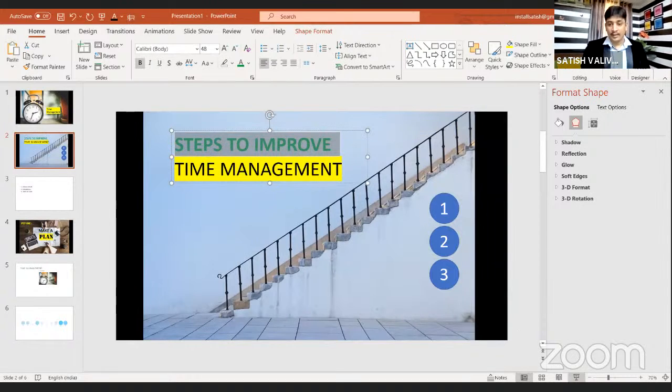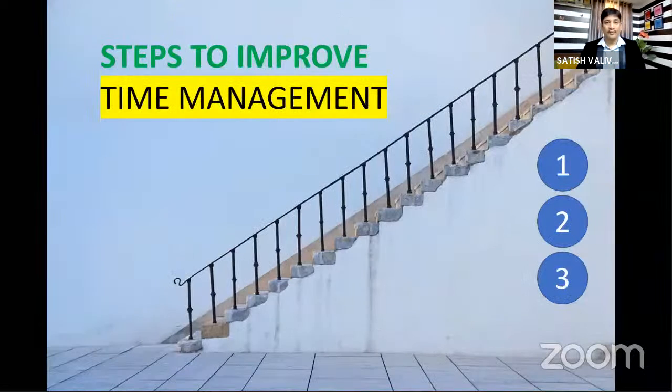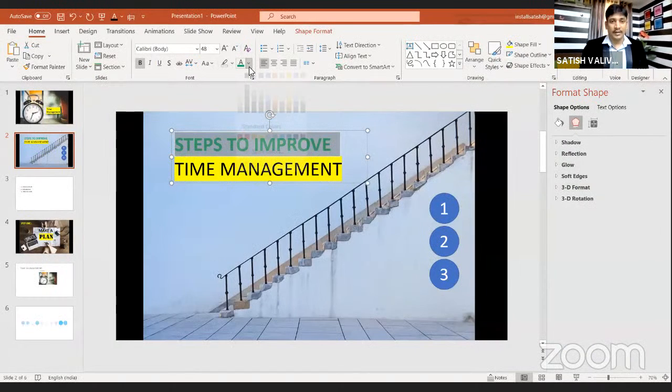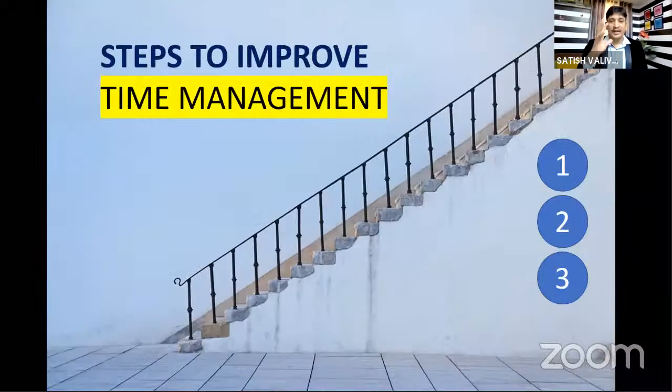But make sure the color is dark if the background is light. You can highlight it or you can use different colors, it's up to you. But the only rule is it should be clearly visible. Look at it from the audience perspective. Can they read my slide? Can they clearly read each word I mentioned there? That is what you have to keep asking yourself all the time.